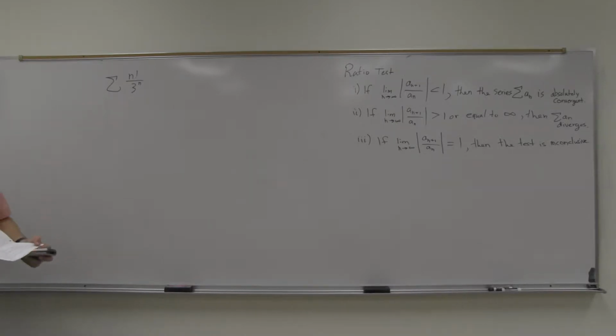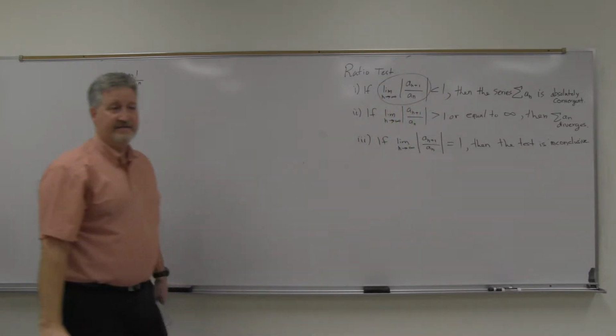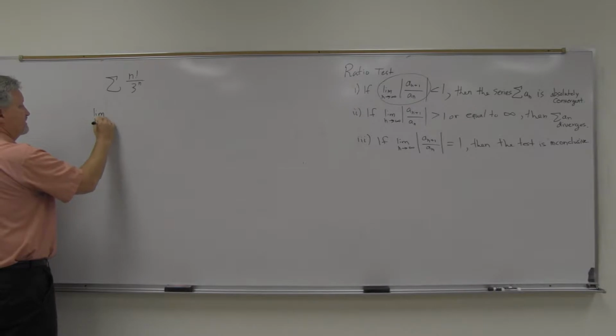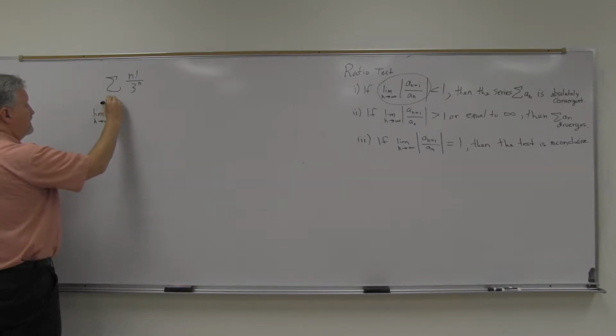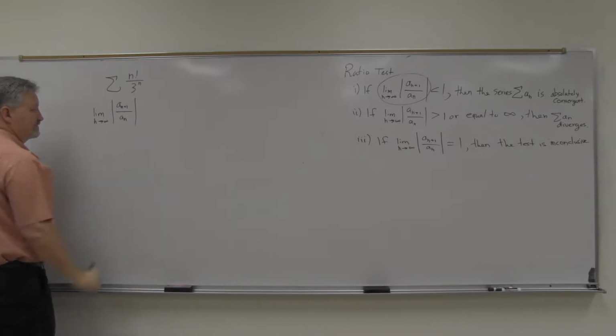It's got the factorial, so the ratio test will probably come in handy. So in the ratio test, it all hinges on this limit, doesn't it? Limit as n goes to infinity of a sub n plus 1 over a sub n, absolute value.